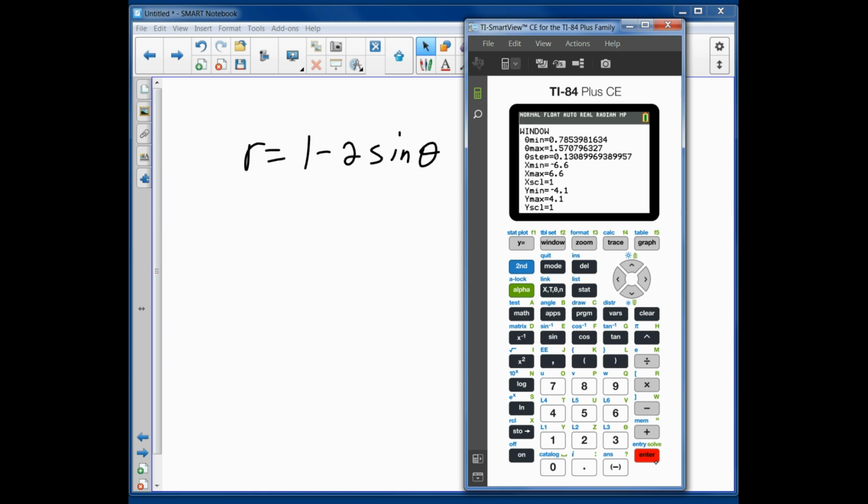So we're going to start at pi over 6. Okay, so it starts there. Now, how far does it take? That was pi over 2, so it's going to go a little bit more than that. Like 5 pi over 6?